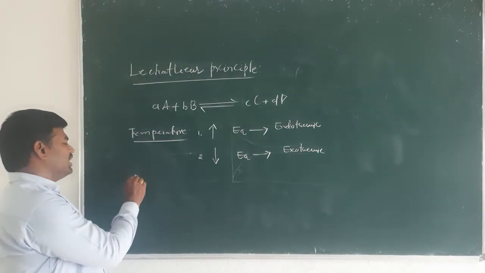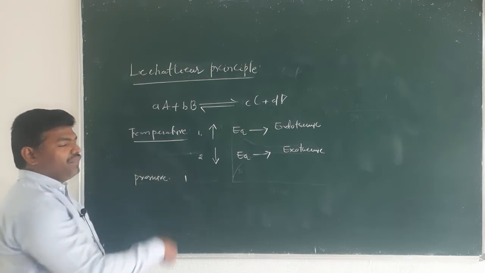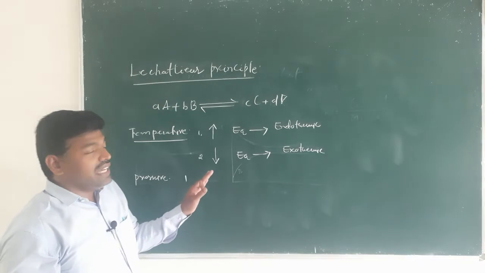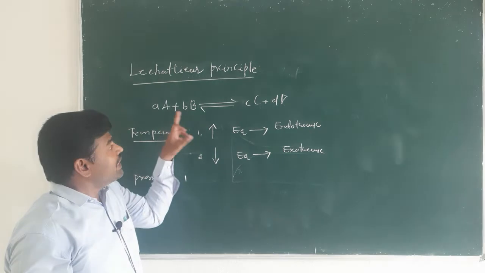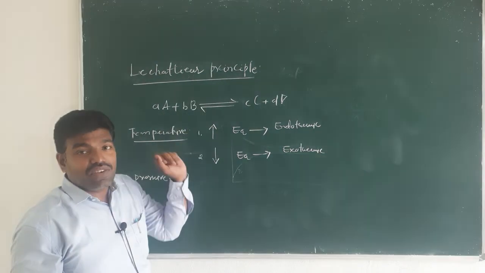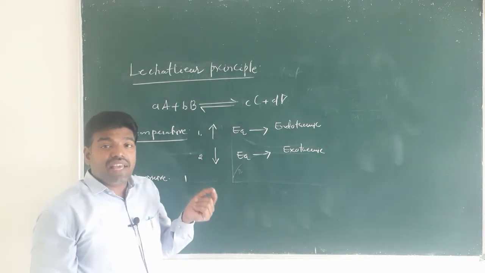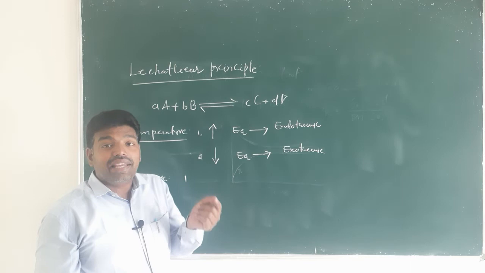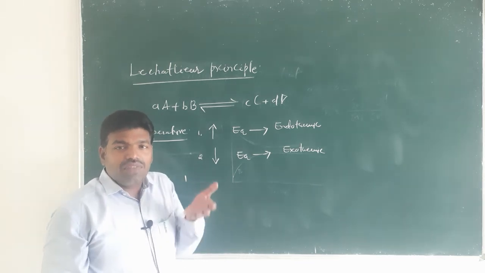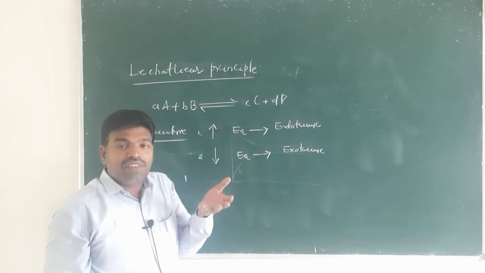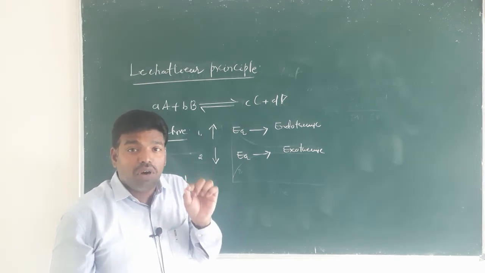Next, let us go through the pressure. If we increase the pressure on the reaction, then equilibrium shifts in the direction of decrease in volume, or decrease in number of molecules, right.